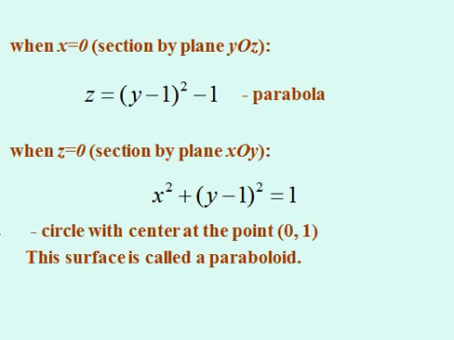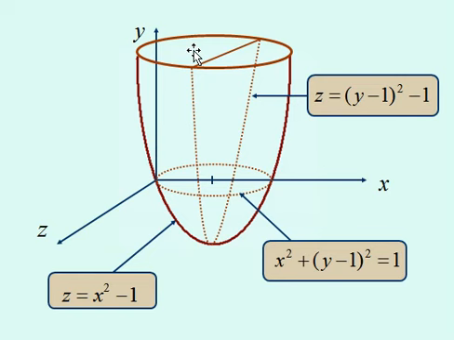When x is equal to 0, we see that in this case z is equal to y minus 1 squared minus 1, also a parabola. When z is equal to 0, this is a circle with a center at the point 0, 1 and radius 1. So this surface is called a paraboloid, and it looks like this.